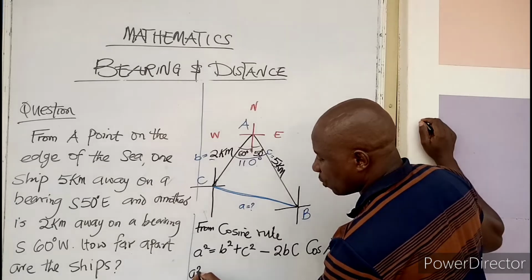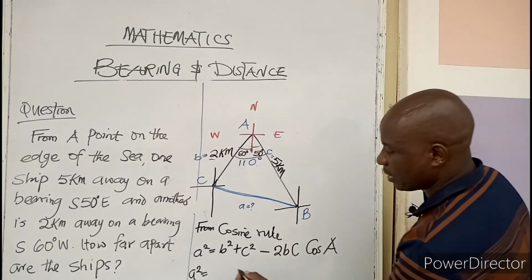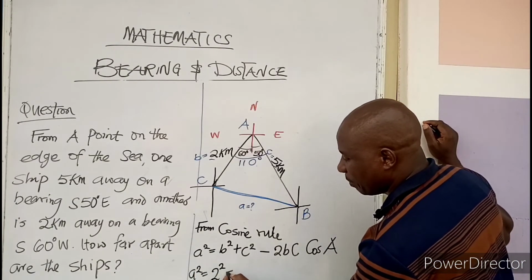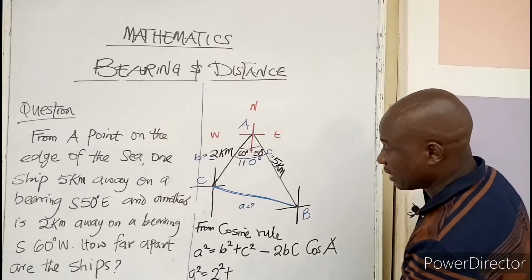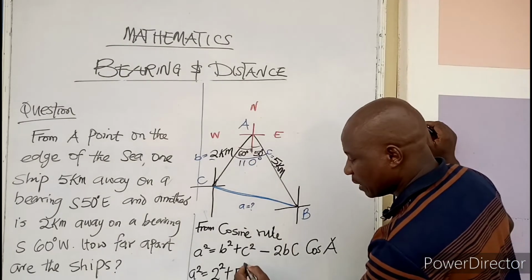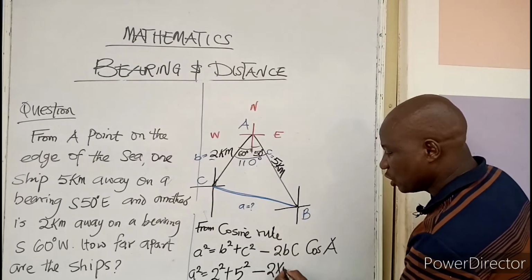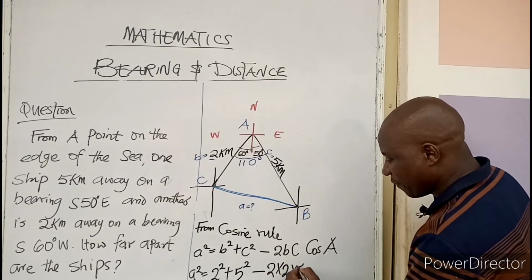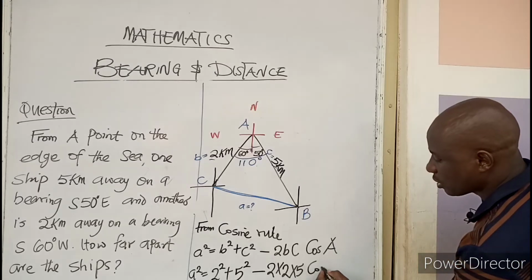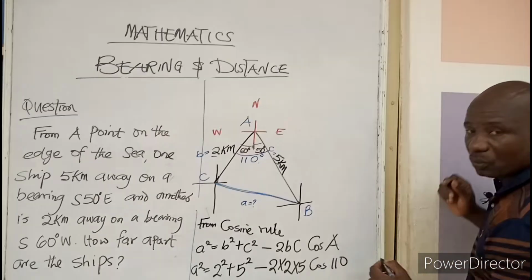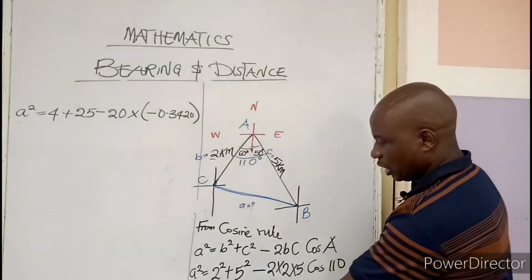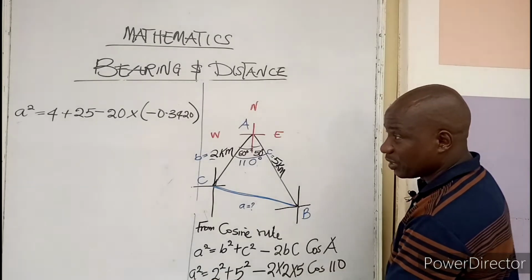We don't know. A squared is equal to, what's our b squared? That is 2 squared plus, what's our c squared? That is 5 squared minus 2 times 2 times 5 cos 110.